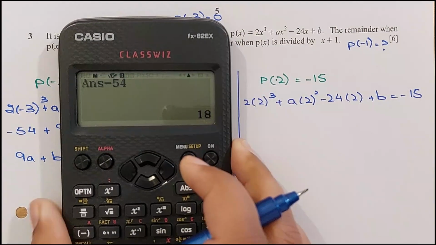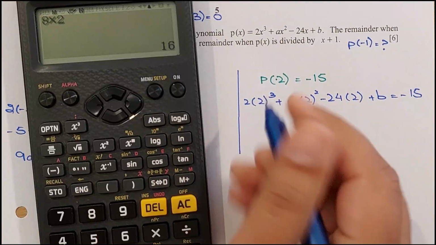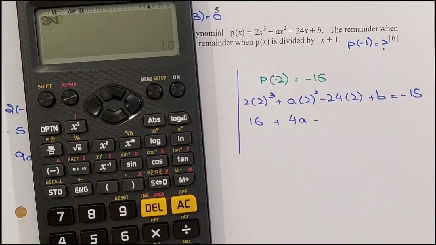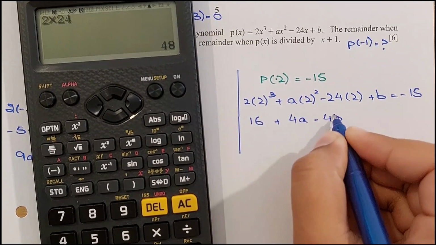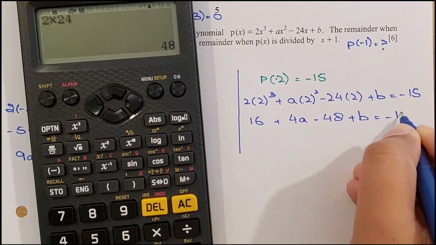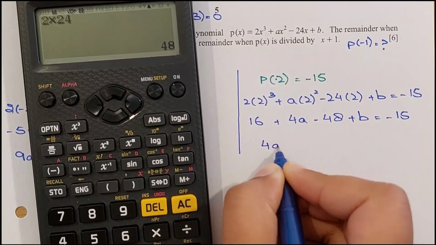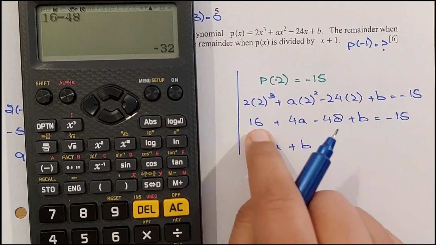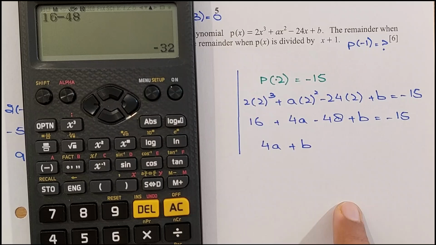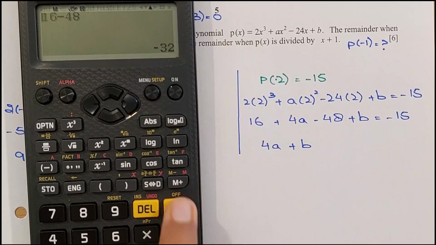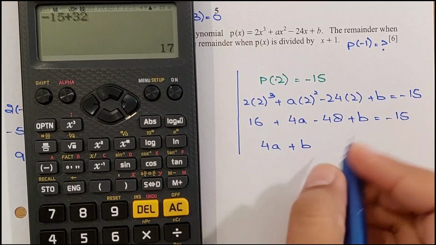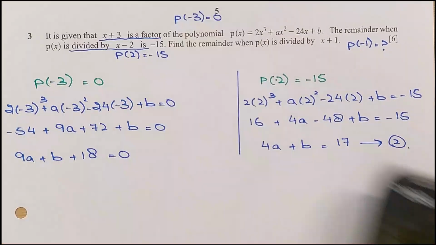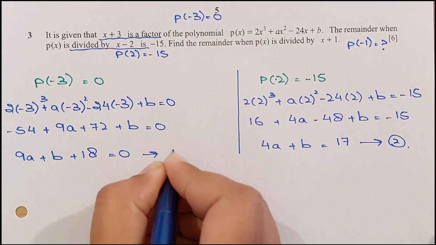So 2 cubed is 8, and 8 times 2 is 16, plus 2 squared is 4a, minus 2 times 24 is 48, plus b equals minus 15. So 4a plus b, and 16 minus 48 is negative 32, and shifting this to the other side becomes positive. So minus 15 plus 32 is equal to 17. This is my second equation, and that is my first equation, right?